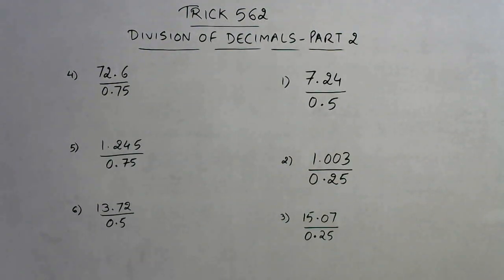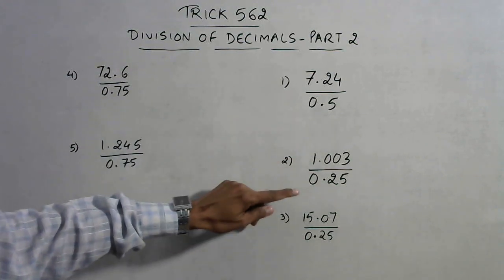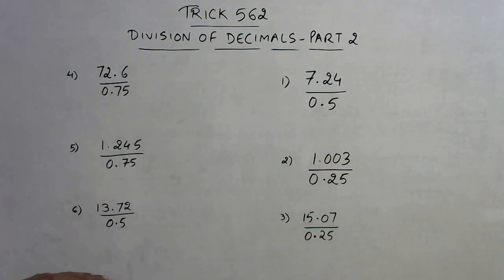Now you can see that the denominators which I have taken are 0.5, 0.25, 0.75. So only 3 denominators I have taken. And believe it or not, division by 0.5, 0.25, 0.75 can be very easy and fundamental only if you know some basic rules of decimals.